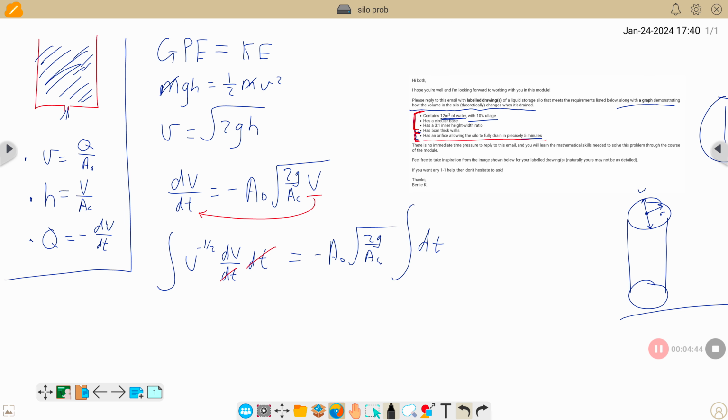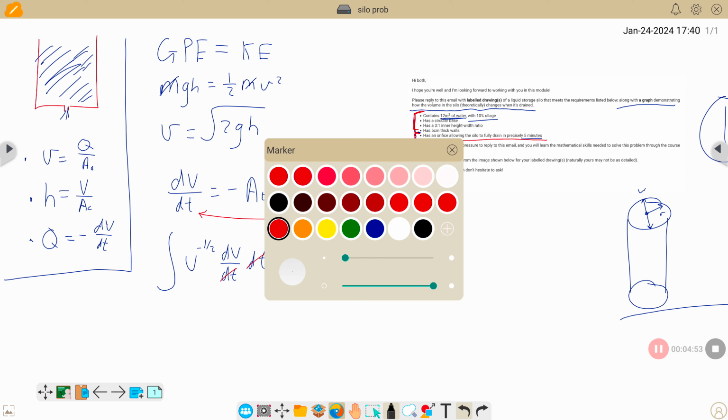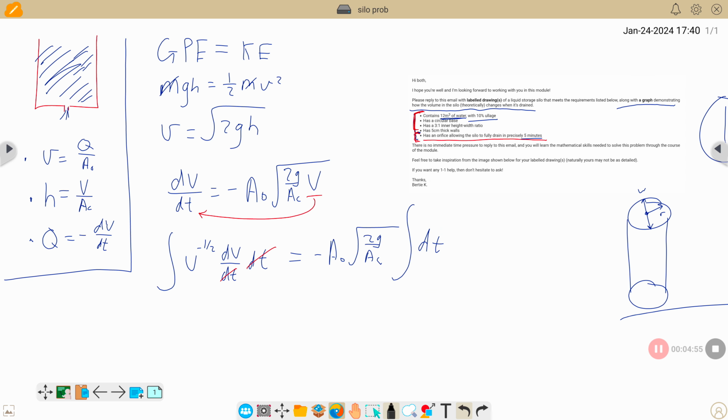So in effect, I'm integrating the left-hand side with respect to V and the right-hand side with respect to t. And when I do that, let's see what comes out. So you know the procedure, add 1 to the power and divide by the new power. So I get this, minus A0 root 2g over AC t plus my unknown constant here.